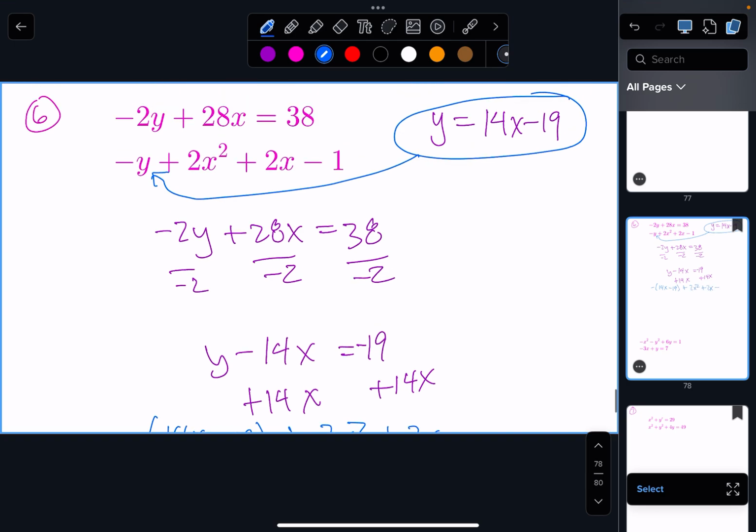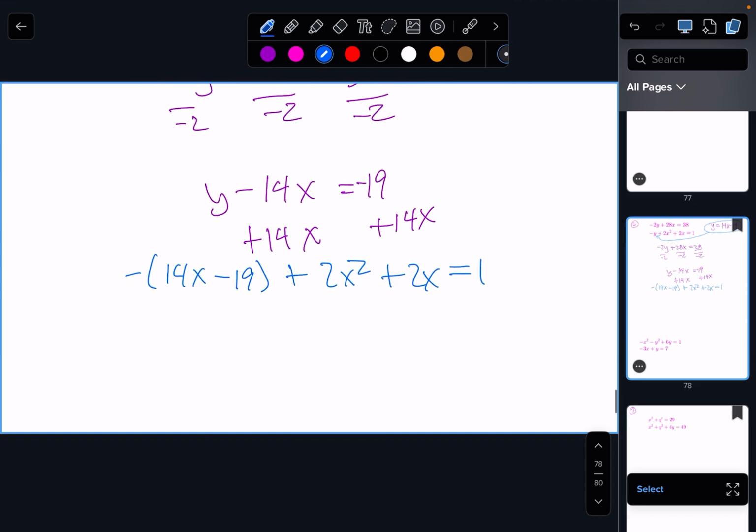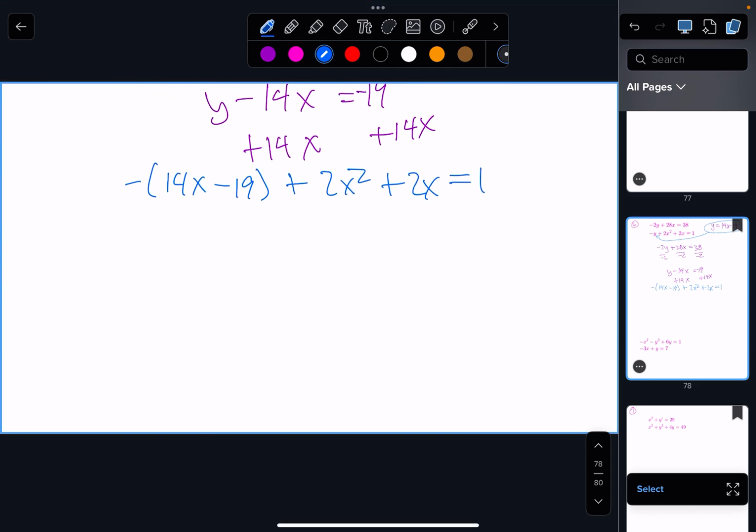Wait, when I converted it, it lost the equal sign down there at the bottom. I'm guessing it's got to be this one right here, equals 1. Negative 14x plus 19 plus 2x squared plus 2x.